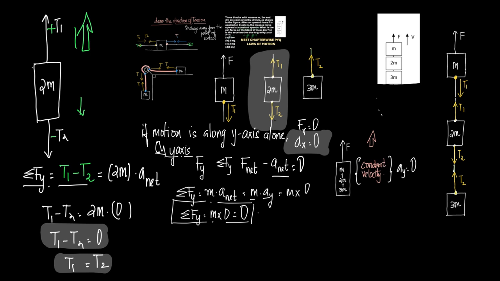One block on another block, maybe two or three blocks being connected by strings on a horizontal plane, on a vertical plane, on an inclined plane. All this we can resolve tension as we did in the second question for mg, like mg cos theta, mg sin theta. We can have T sin theta, T cos theta. Those kind of questions, if they are in the previous questions, I'm pretty sure they would be, we'll have a detailed discussion. If not, if you want any question in specific, I request you to post it. You can write it directly to me, or you can post it in the comment box. We'll get back to you.